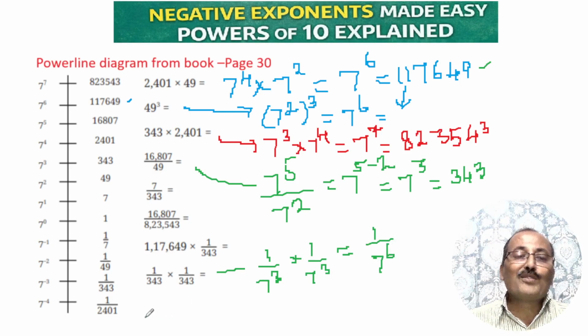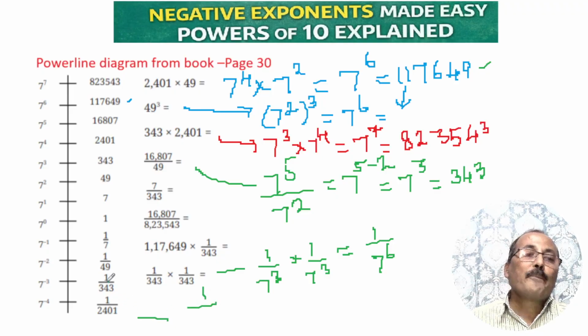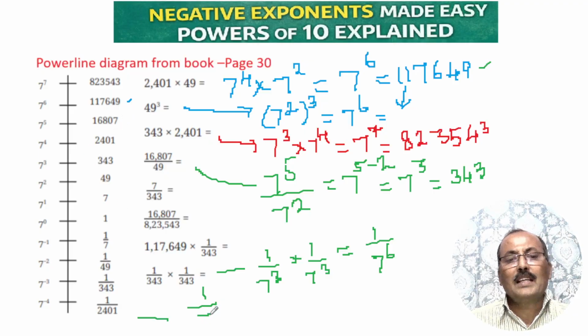Okay. Now, simple one. What is that? 1 by 2401. Simple. 1 by 2401 is here, 7 power 4. No problem. You can leave it as it is, 1 by 7 power 4. That's all, answer. Are you able to understand, children? This is power line. Is it a big thing? No. We know already.